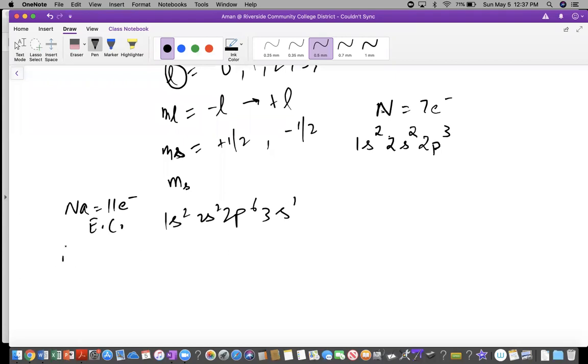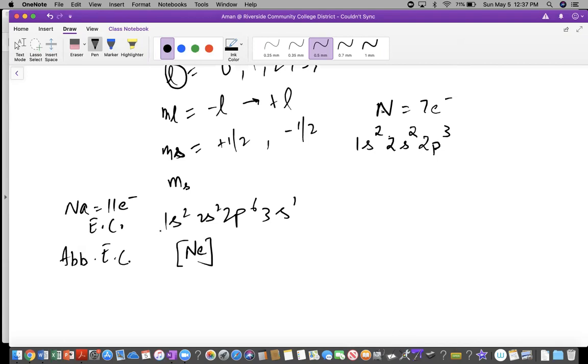If I say write the abbreviated electronic configuration, then you look at the periodic table and tell me which noble gas is before sodium. Neon, right? So you're gonna label neon first, make a bracket like this. Neon is 10 electrons, which is 1s2, 2s2, 2p6.